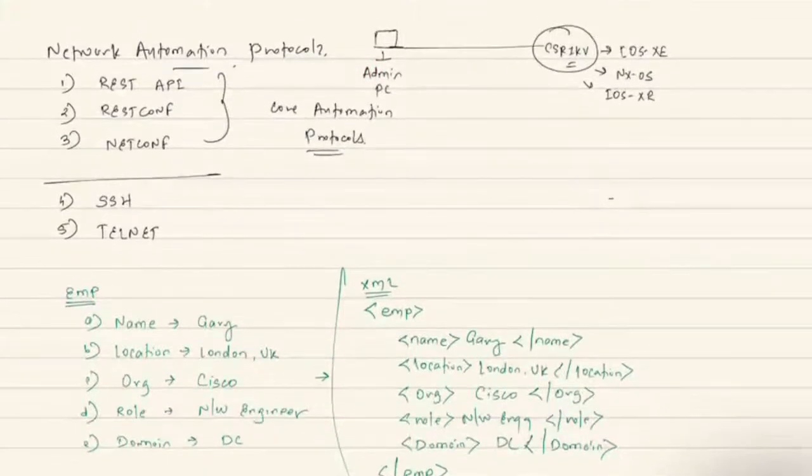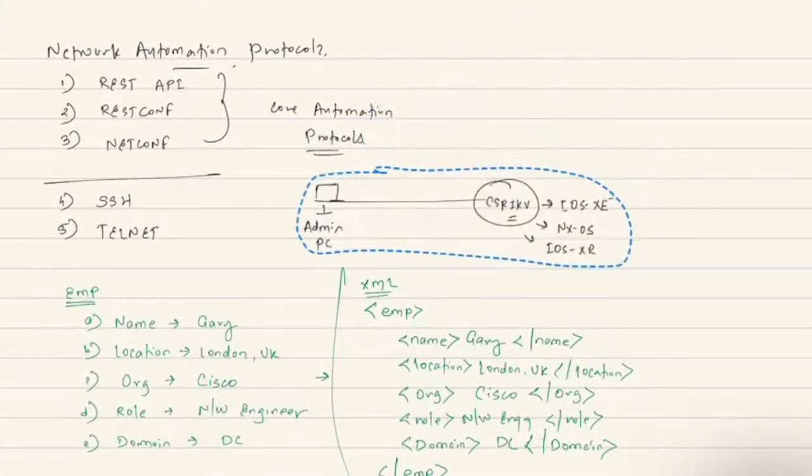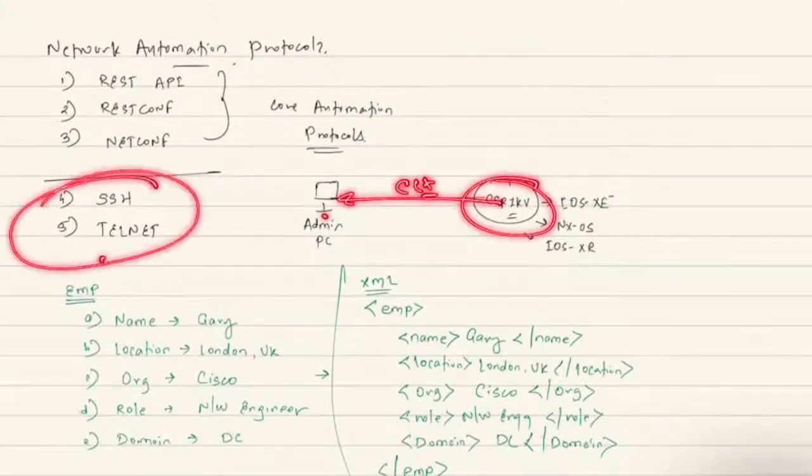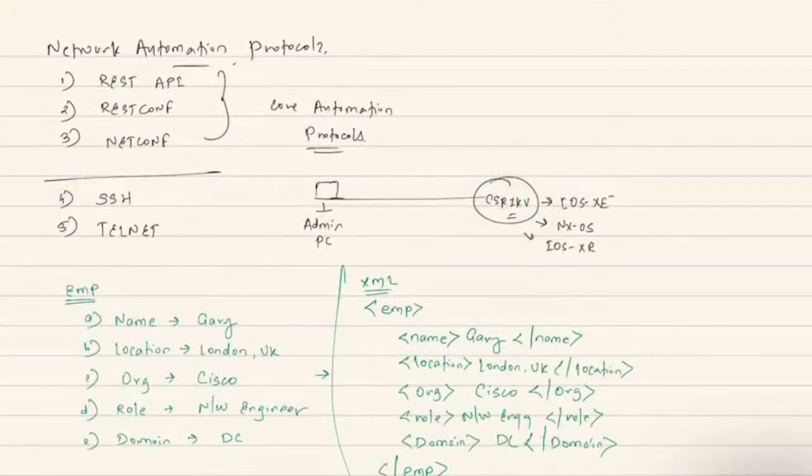Likewise, whenever your CSR router is giving you information out, it is going to give you data in CLI language if you use protocols like SSH and Telnet. But if you want the PC to digest the information, so that it can trigger actions based on the events that are happening, then you need this data to be understood.